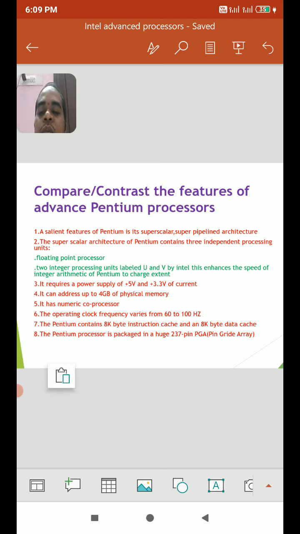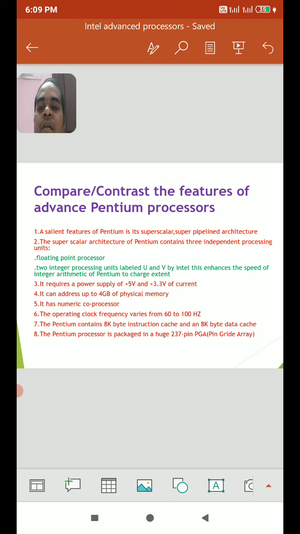It has a numeric coprocessor present, and the operating clock frequency is from 60 to 100 megahertz here. So 100 megahertz is present for the Pentium microprocessor. That means more clock frequency means more number of clock cycles, so more number of operations can be performed by the microprocessor.